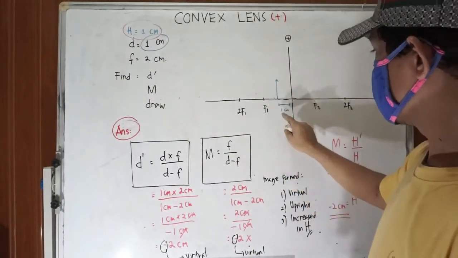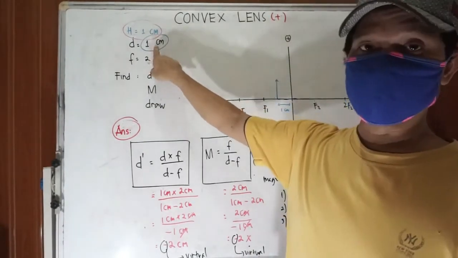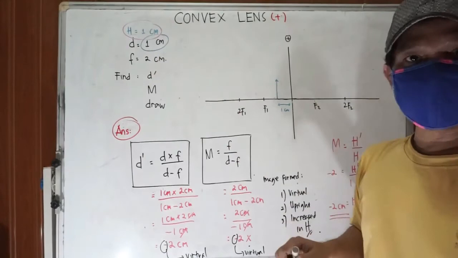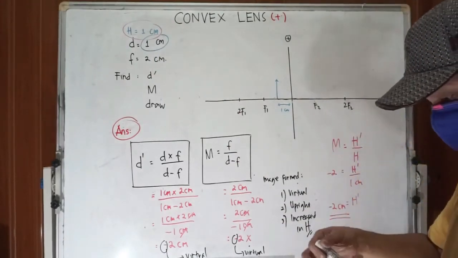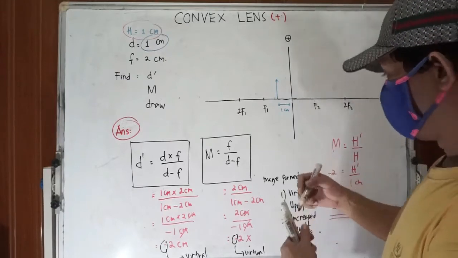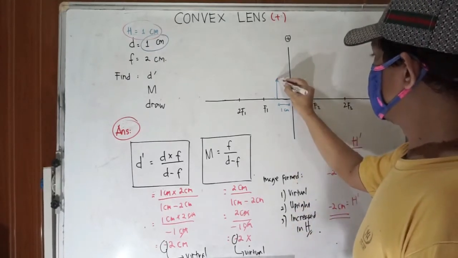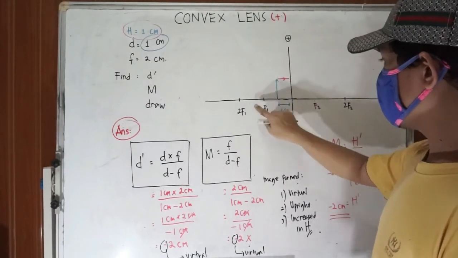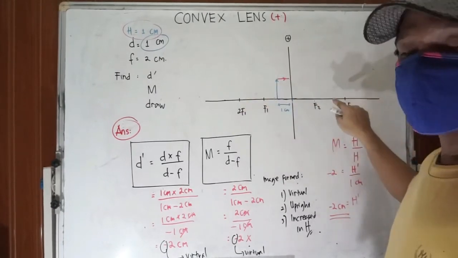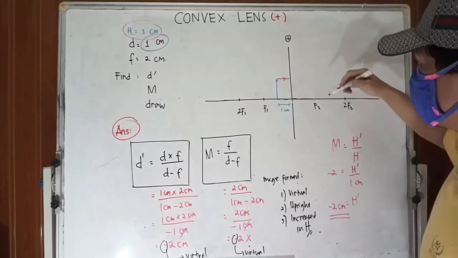So a distance of 1 centimeter is half of the focal length. Now start drawing. The first rule: the ray that is parallel to the x-axis will be refracted to f2.